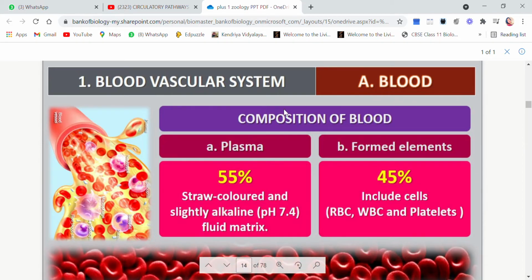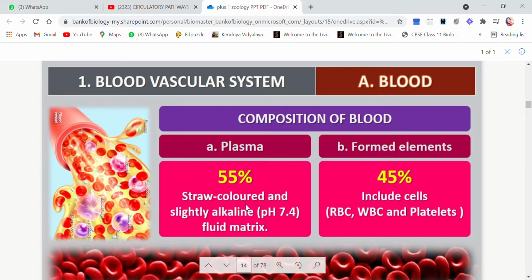Now we see the composition of blood. It has two main parts: one is the plasma and the other one is the formed elements. Now the plasma is the fluid part of the blood, which constitutes about 55% of the blood.